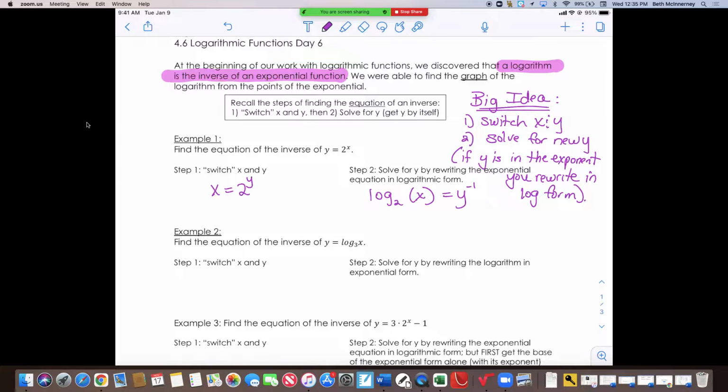So as you do homework tonight, and when we eventually get to reviewing, you want to read through these notes. So again, the big idea here when you want to find an inverse is switch x and y, solve for new y. If y is in the exponent, you rewrite it in log form.